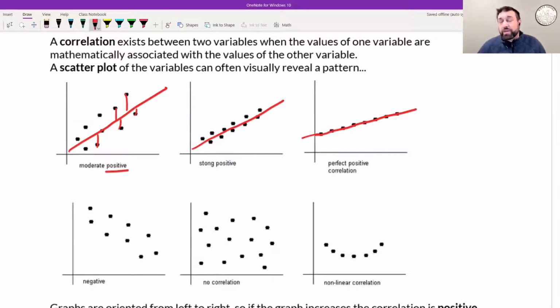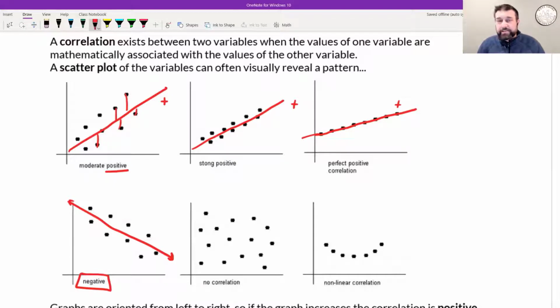Okay, so then we have negative correlations. These are correlations that maybe look like this. And a negative correlation is not bad. It doesn't mean that this is a bad correlation. It just means that the slope of the line is negative. A positive correlation has a positive slope, so the line goes up as you travel left to right. A negative correlation is a line that goes down as you go left to right.